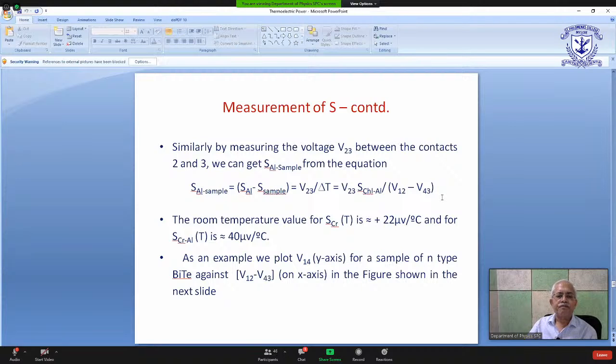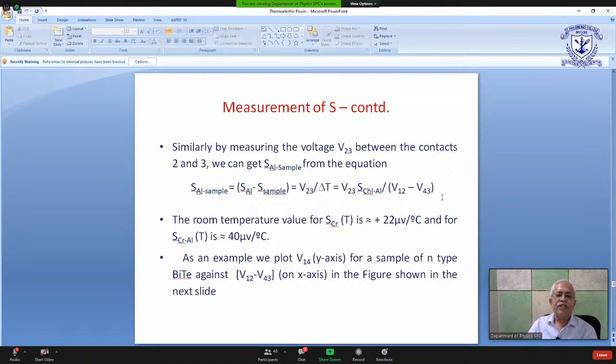And we also have this data that room temperature value for Seebeck coefficient of chromel is about 22 microvolts per degree centigrade. And for chromel alumel, it is something like 40 microvolt per degree centigrade. These are standard values which have been evaluated.